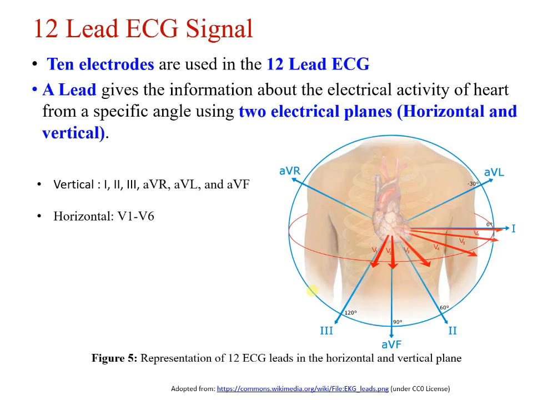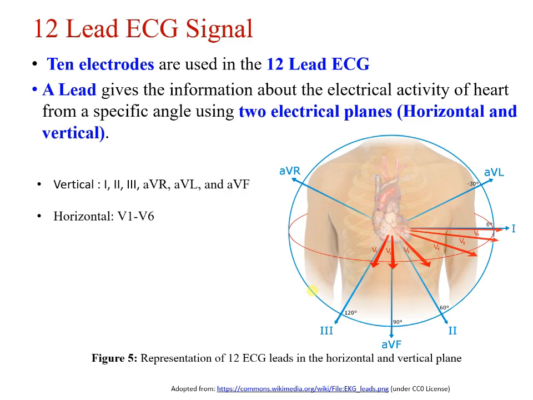Now come to the 12-lead ECG acquisition. In single lead ECG, we use 4 electrodes and we get 3 leads. In 12-lead ECG system, we use 10 electrodes and we get 12 leads. And in this system, the leads are broadly divided into 2 parts, based on the horizontal plane and vertical plane.